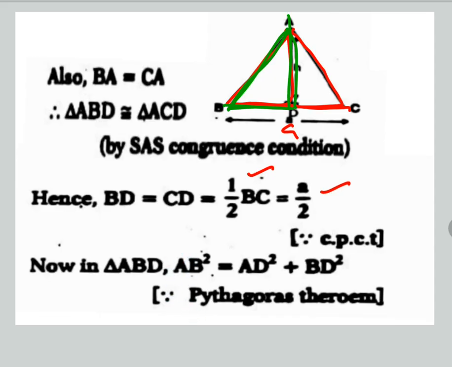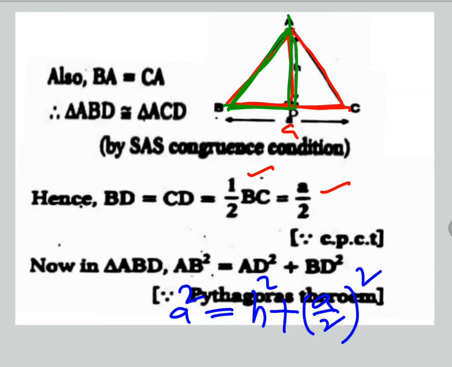We can write A square is equal to AD square, AD is H, H square plus BD square. What is BD? A by 2 whole square. BD is equal to BC by 2, that is equal to A by 2.